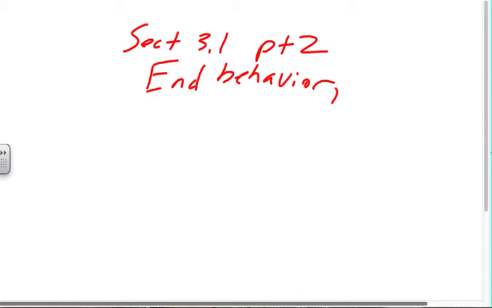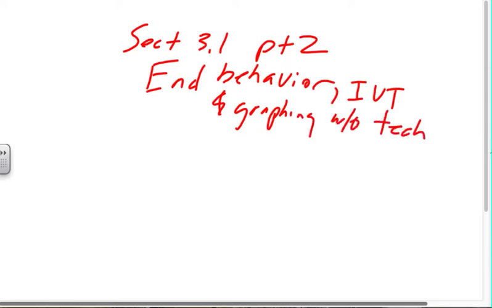We're also going to be talking about something called the intermediate value theorem and graphing without technology, which is something you're going to need to start learning how to do.